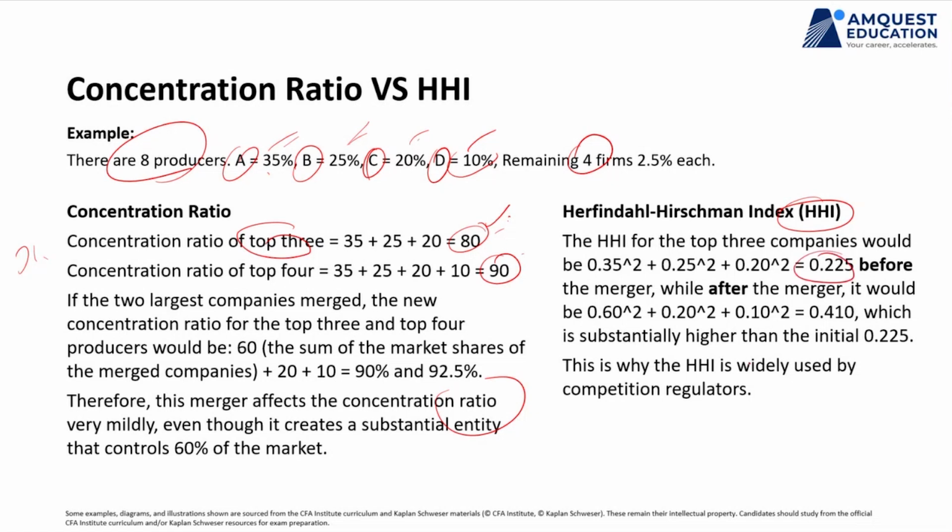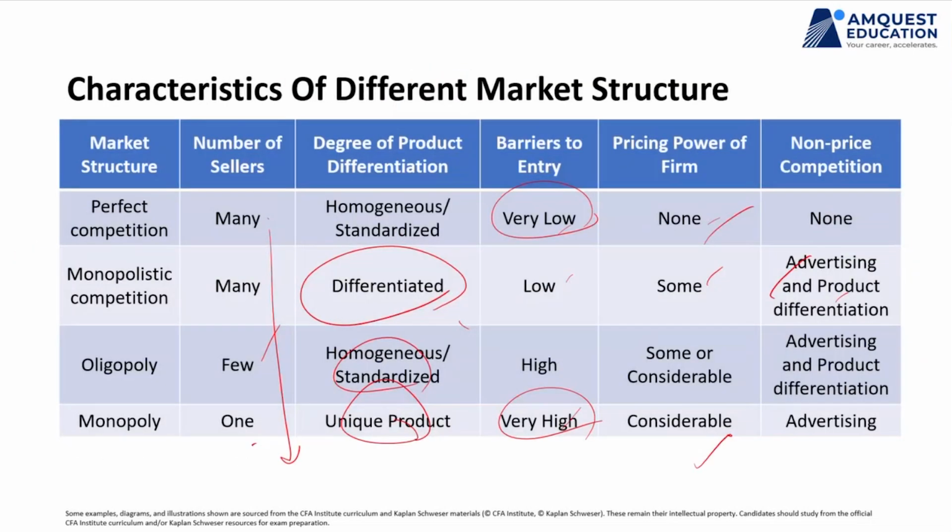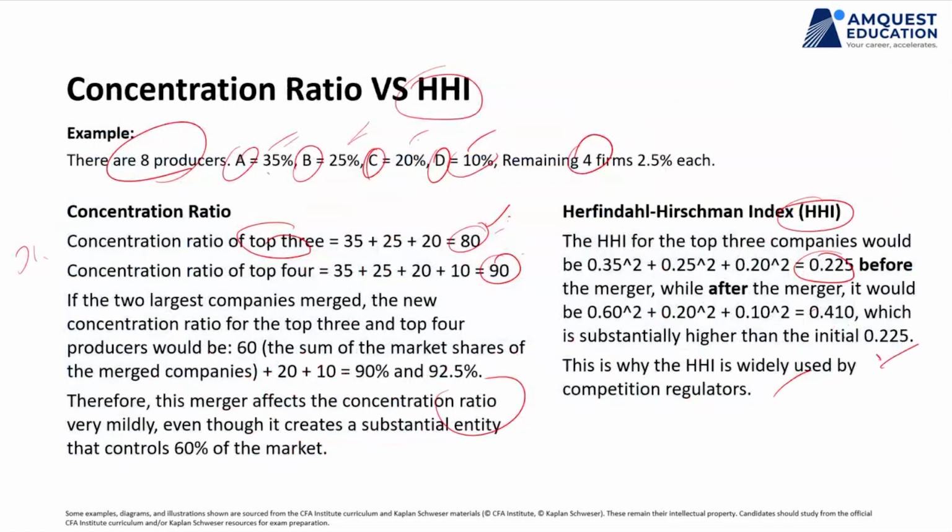But after you merge, it will come to 60, 20, 10, 90%, right? So that answer comes to much higher. So with the merger, you'll notice the index is very high compared to the earlier index. So you say, boss, hang on, don't do a merger, because the concentration becomes much higher and the index also increases, which is showing monopoly in the market. Clear? So these ratios and indexes should be learned from a practice point of view.